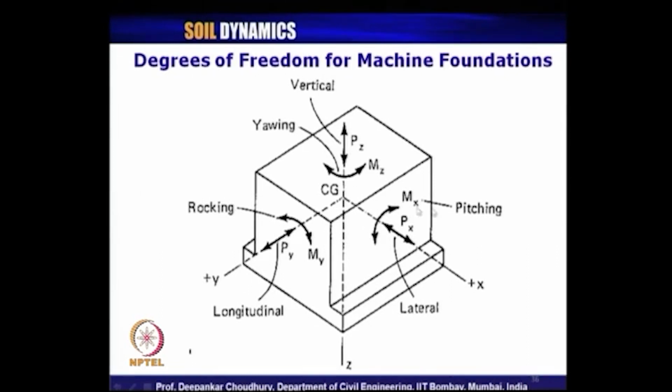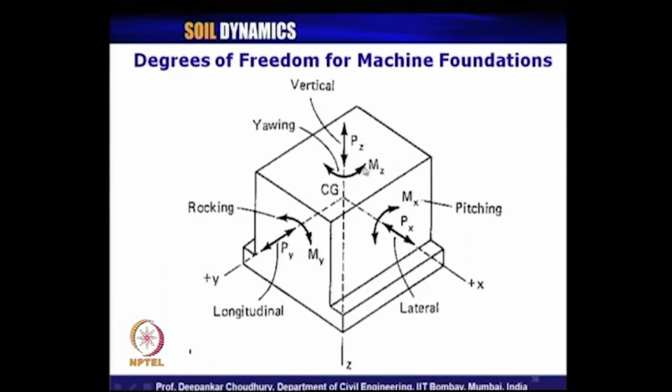That mode of vibration is called pitching mode of vibration. When the block foundation is subjected to a dynamic load My like this, then the rotational vibration of the block about y axis is called rocking mode of vibration.